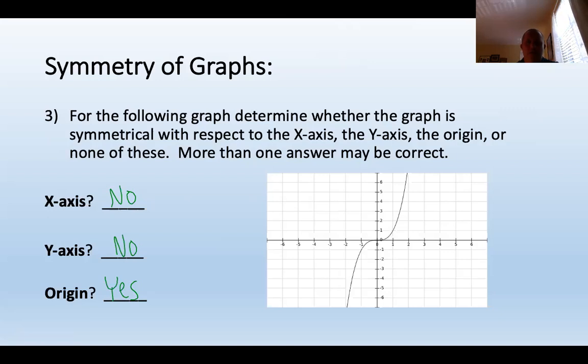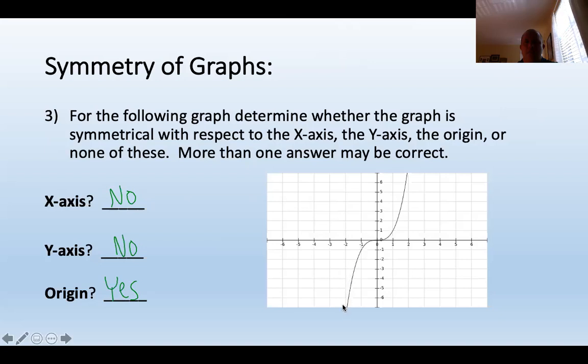For the origin, to determine symmetry with respect to the origin, we need to reflect the graph over the x-axis and the y-axis and determine if we have the same graph. If I take this top piece of the graph and reflect it over the x-axis, it's right here. And then if I reflect it over the y-axis, all of a sudden it's right on the same graph.